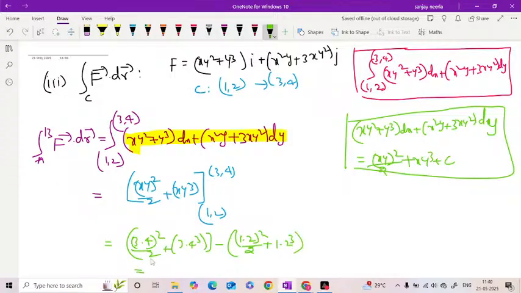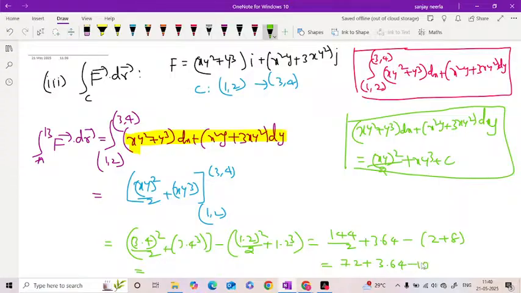Now 12 whole square is 144, so 144 by 2 is 72, and 3 into 64 minus, for the lower limit 2 plus 8, that is 10. So 72 plus 3 into 64 minus 10.